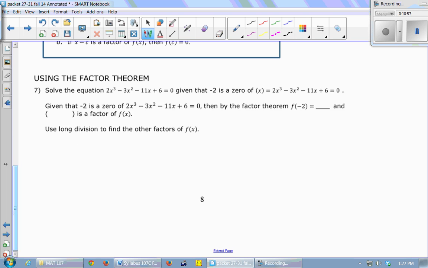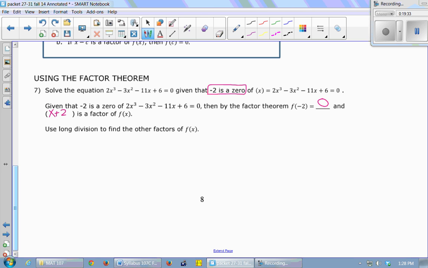All right, so we're going to combine these two things, the polynomial long division and the factor theorem, to try to solve a cubic equation. We're given that -2 is a 0, so that's important. Since -2 is a 0 of this cubic polynomial, then by the factor theorem, f of -2 equals 0, and x plus 2 is a factor.